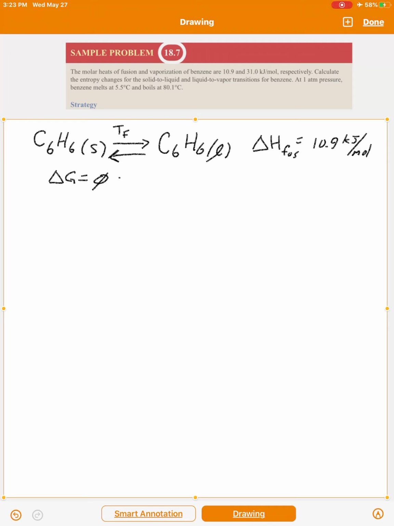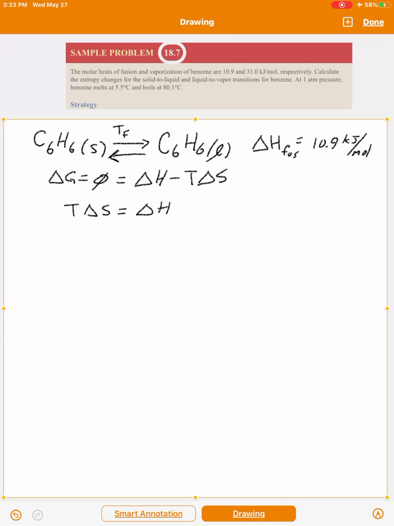Now remember, delta G is equal to delta H minus T delta S. So similarly, what we can say is that if delta G is equal to 0, then we can add T delta S to both sides. And that would be equal to delta H, right? If 0 equals delta H minus T delta S, add T delta S to both sides. You'll get delta H on one side and T delta S on the other.